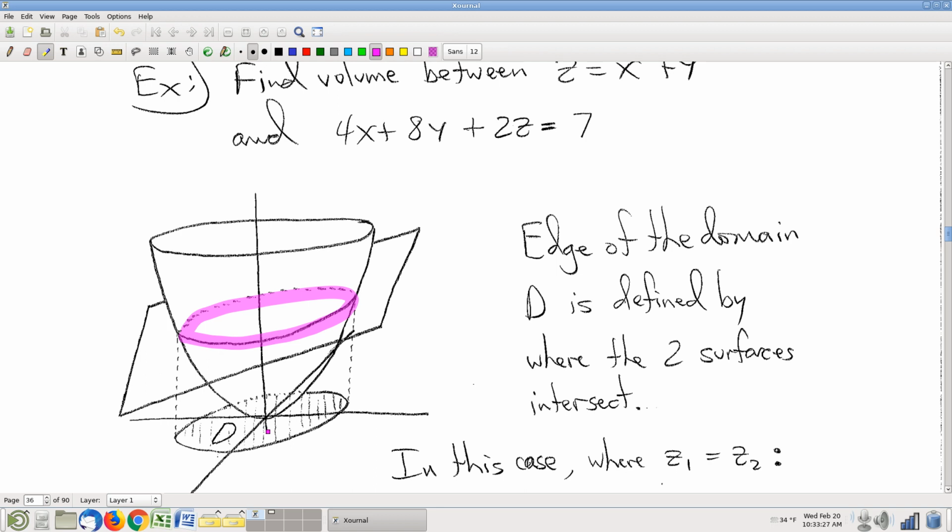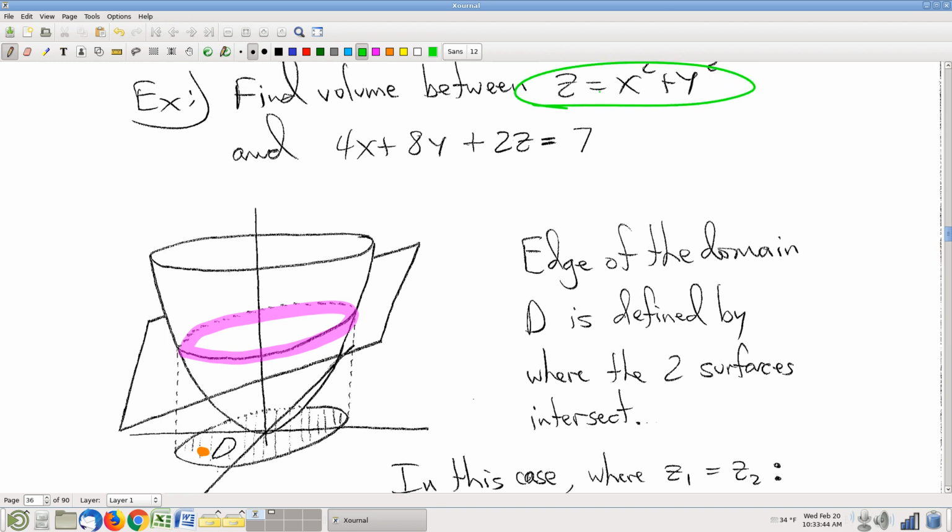Let me say that a little bit differently. What we are interested in is points down here. I'm interested in points down here such that if you look at the z-coordinate you get from the paraboloid, and if you look at the z-coordinate that you get from the plane, I'd like to identify where are the points, where are these values of x and y, where those give me the same height.